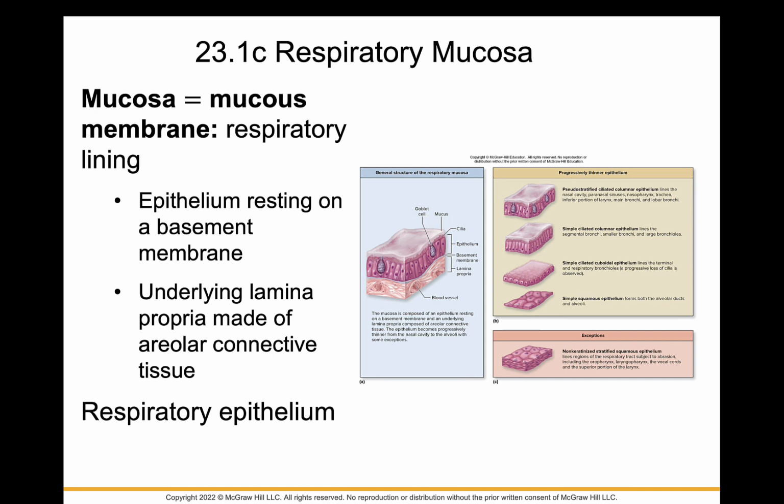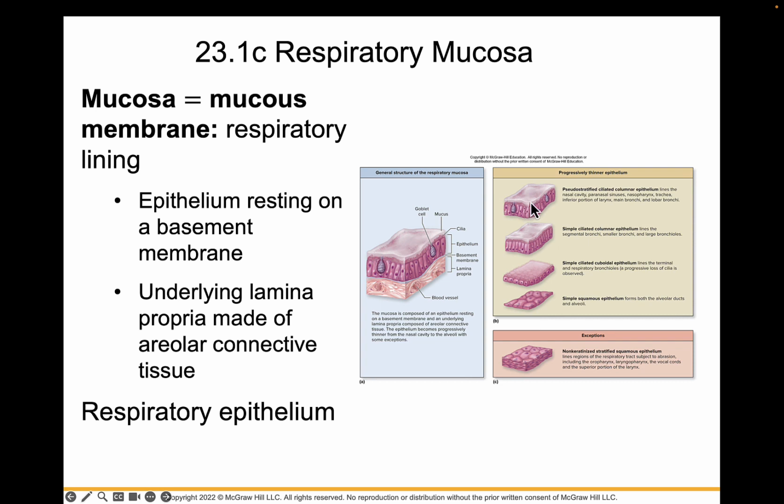Now, let's take a deeper look at the respiratory epithelium, and there's something very characteristic happening here. So here, notice what happens as we get deeper into the respiratory tract. The epithelium is going to be much, much thinner, and we can see that progression here.